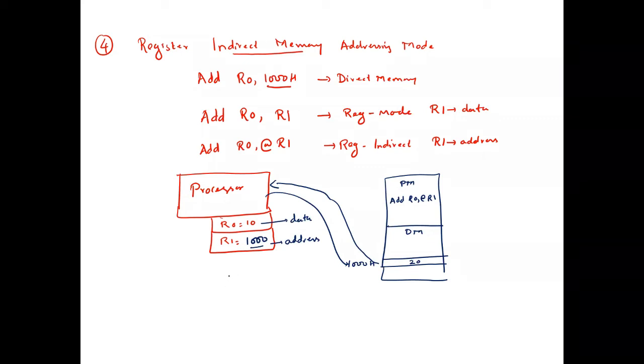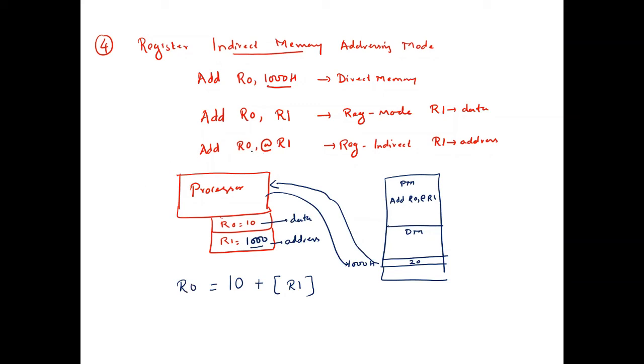It will add 10, then go to register R1 where the address is present, bring the data from memory location 1000, and then store the result again in R0.